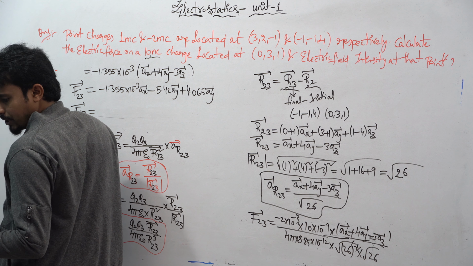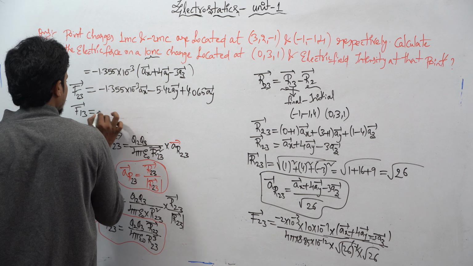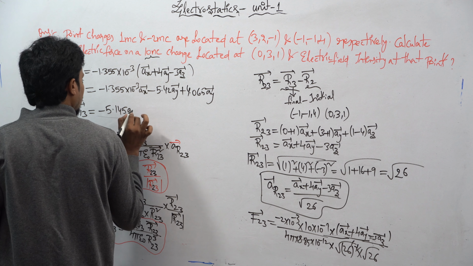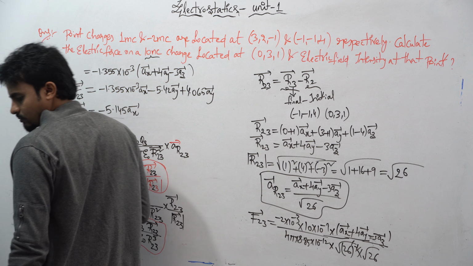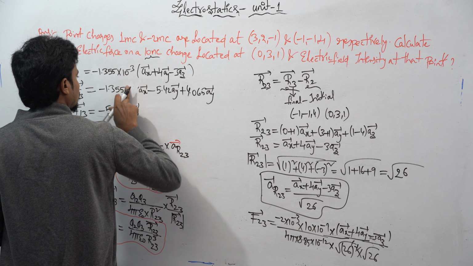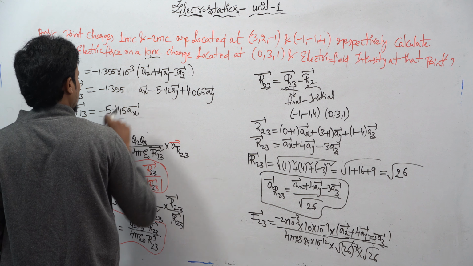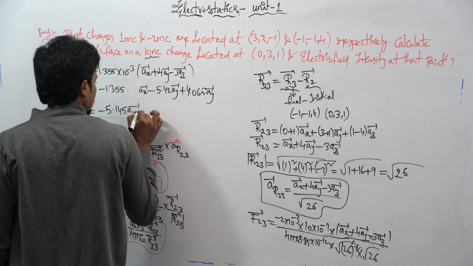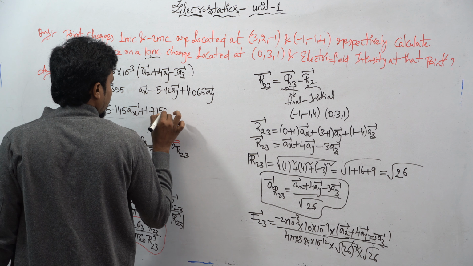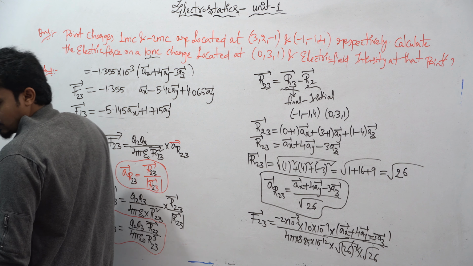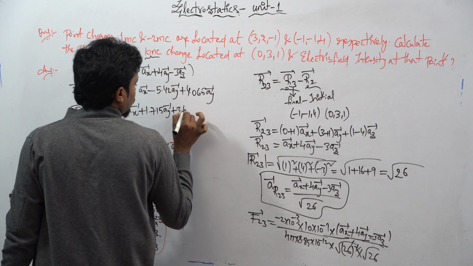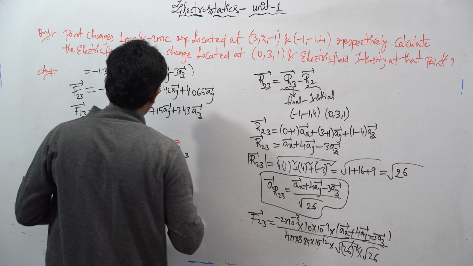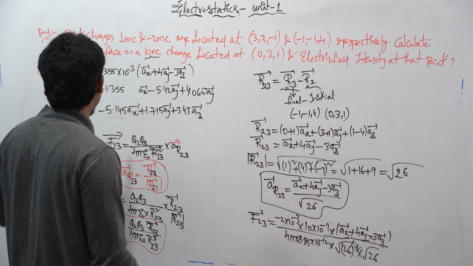The F13 bar is minus 5.145 ax bar plus 1.715 ay bar plus 3.43 az bar.